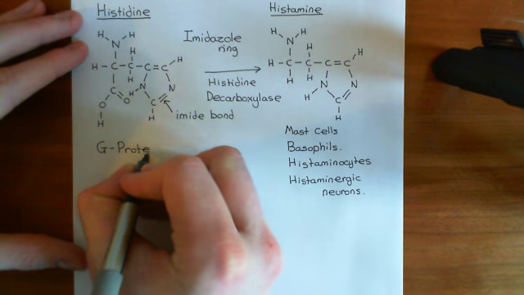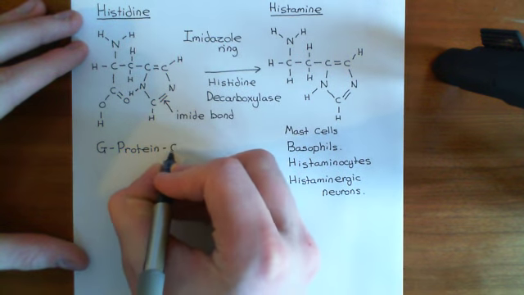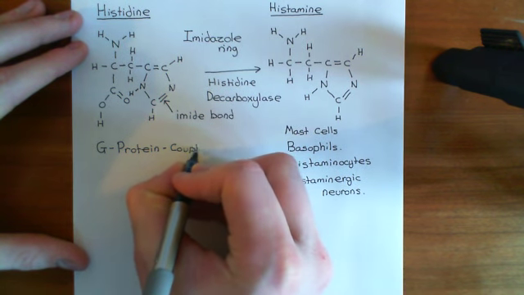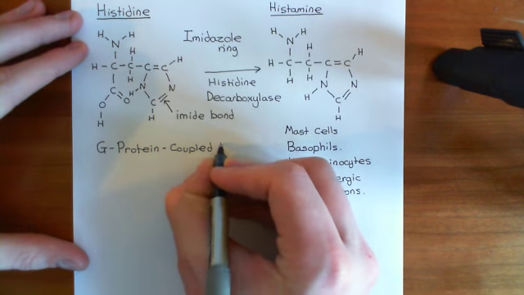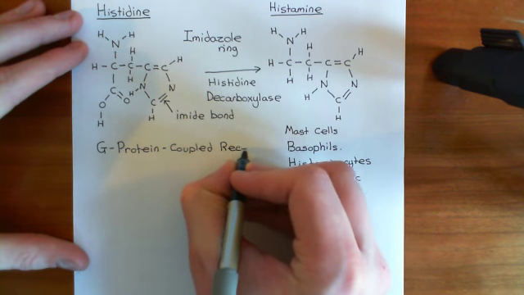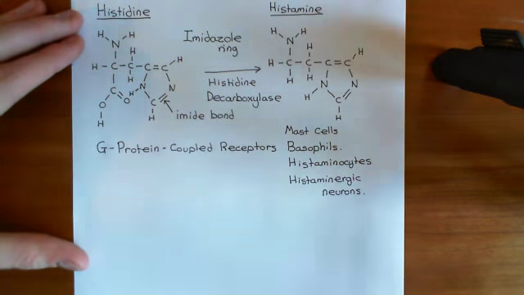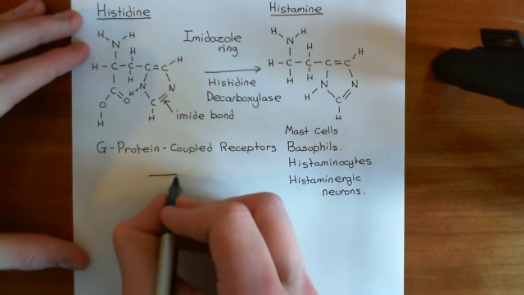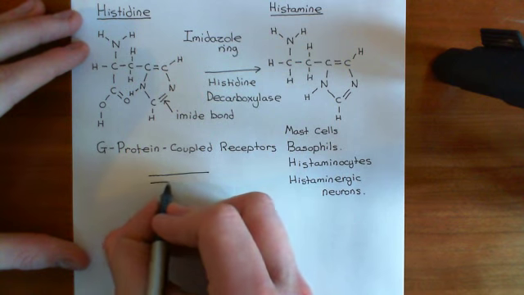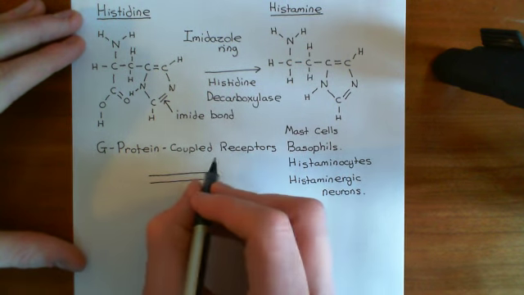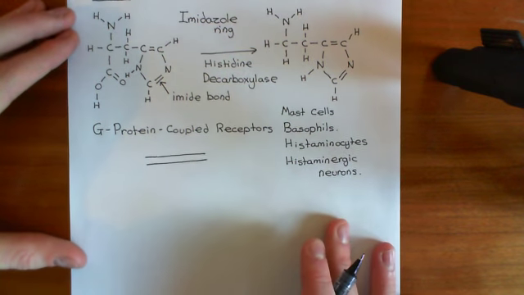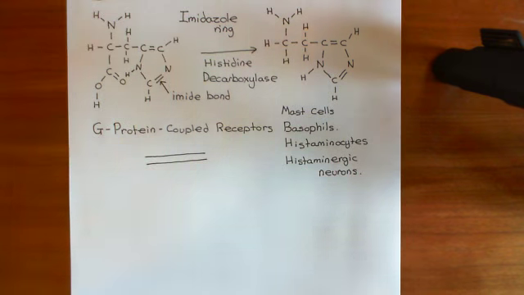Now, the thing which links all G-protein coupled receptors together is that they all have this characteristic 7 transmembrane domain structure. So they all have 7 membrane spanning alpha helices. G-protein coupled receptors are the biggest family of proteins in pharmacology, basically.